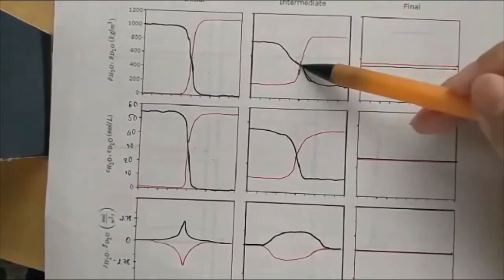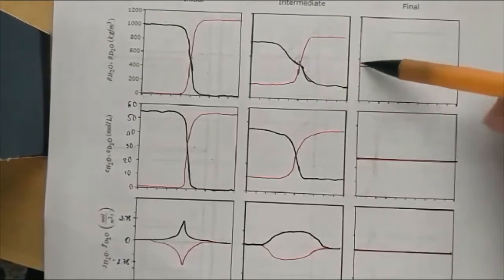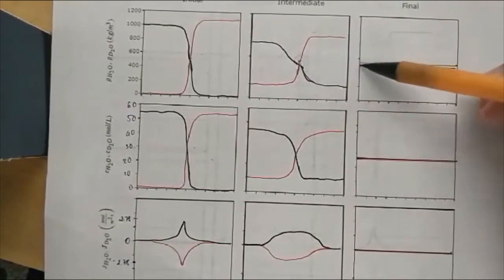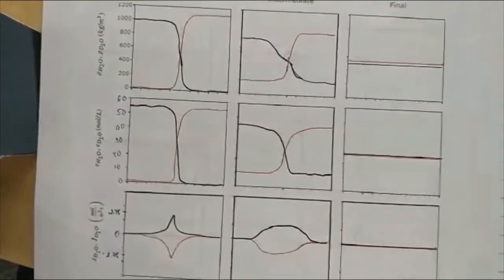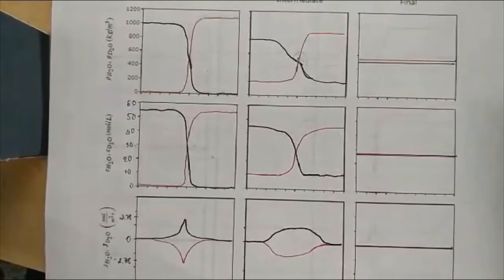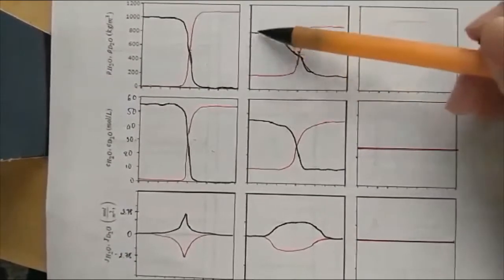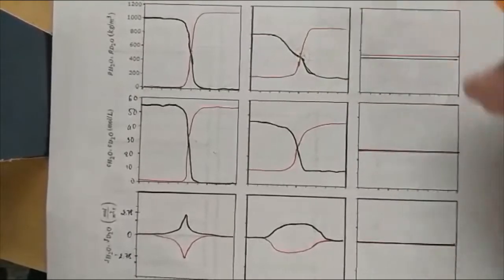So if we go from here to here it's the same, but the concentration at two ends starts reducing. So that's why the curve is going down.